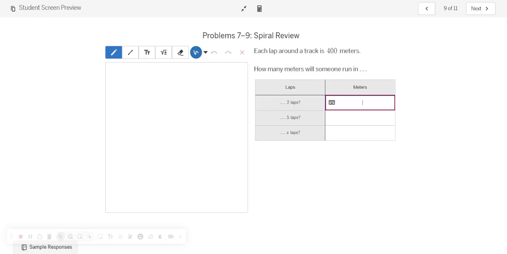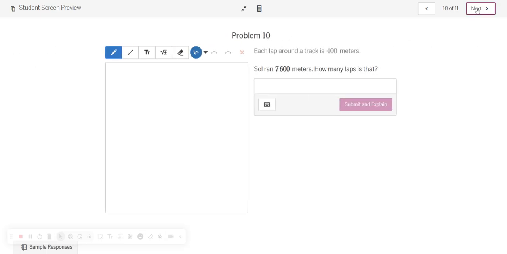400 meters, 2 laps would be 800 meters. 5 laps would be 2 kilometers, 2,000 meters. X number of laps would be 400x. And then to get 7,600 meters, let's see, 7,600 divided by 400, those 2 zeros are gone.